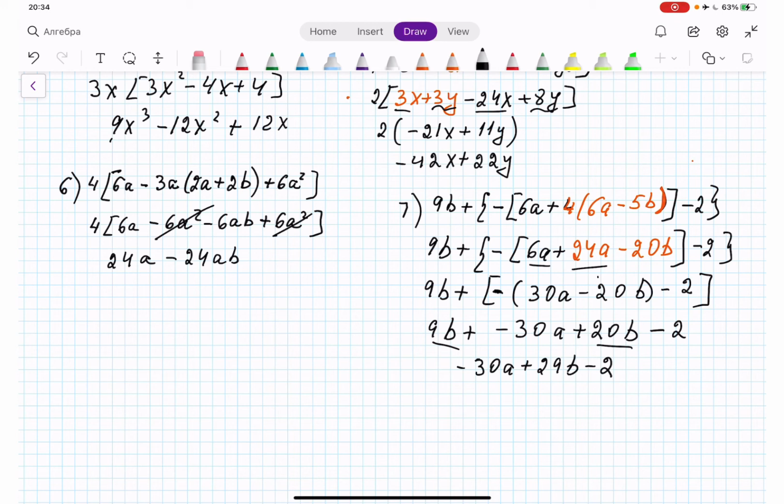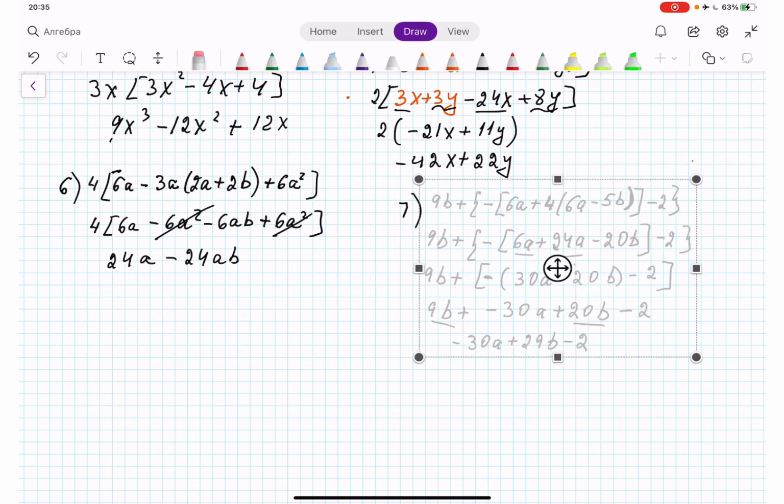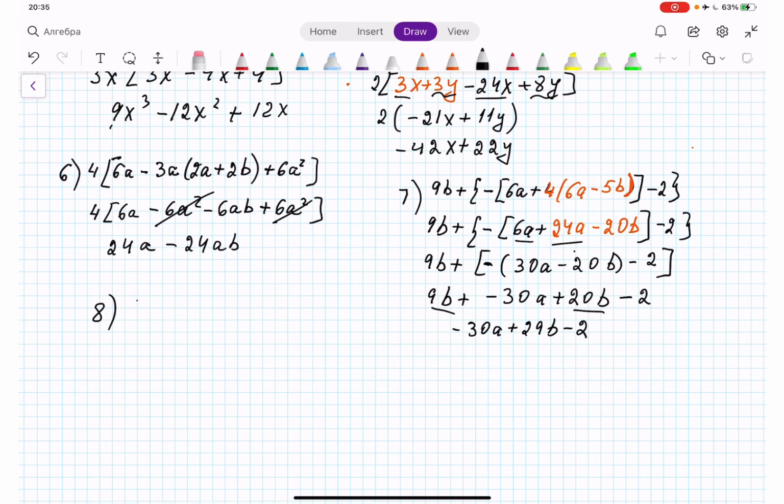Okay, question number 8. So what do we have here? We have 4 times curly braces 3b squared plus twice 2b minus 4 minus b.